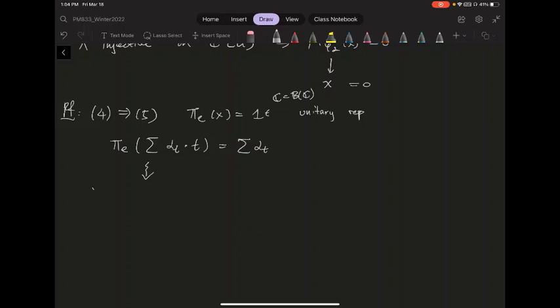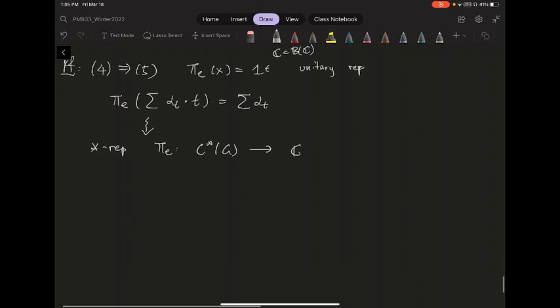So you have a star representation, let's say pi e, going from the full C-star algebra to C. What it does is extend your pi e on the group algebra to the entire full C-star algebra. And because pi e is coming from a unitary representation, this map is really multiplicative. It's a star representation.